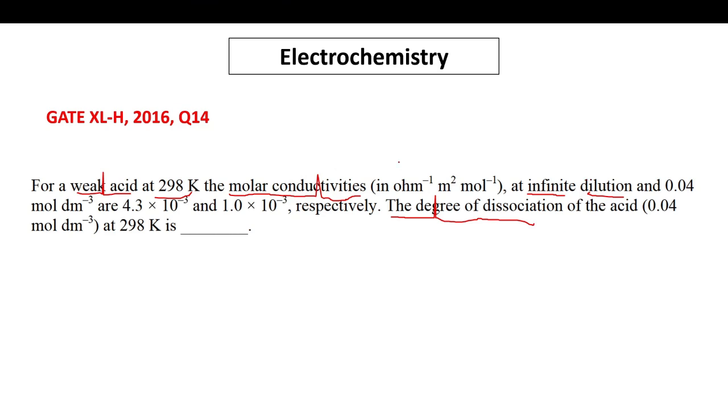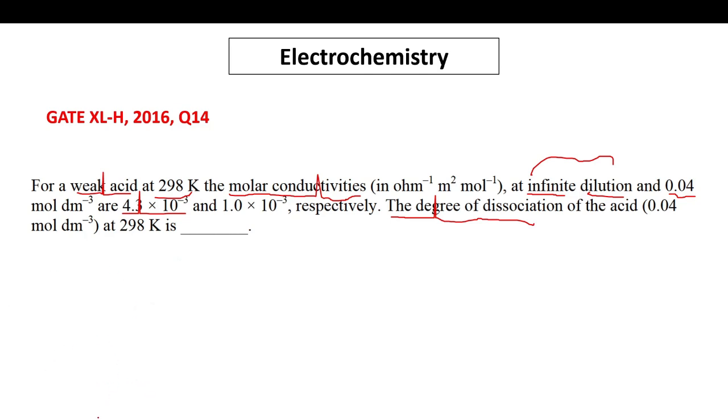At infinite dilution for a weak acid at 298 Kelvin, the molar conductivities at infinite dilution and at 0.04 mole per decimeter cube are given. So the molar conductivity at infinite dilution of your electrolyte is given as 4.3 into 10 to the power minus 3, and the molar conductivity at 0.04 mole decimeter cube concentration of the electrolyte is given as 1 into 10 to the power minus 3.